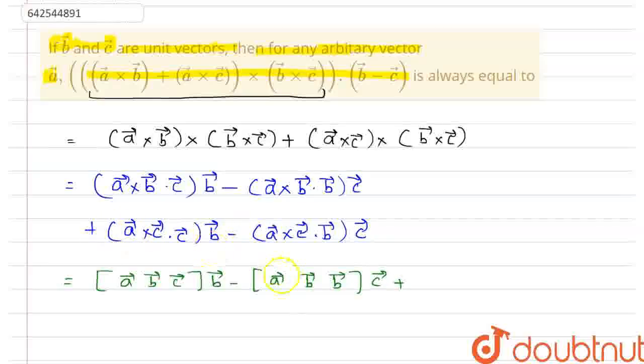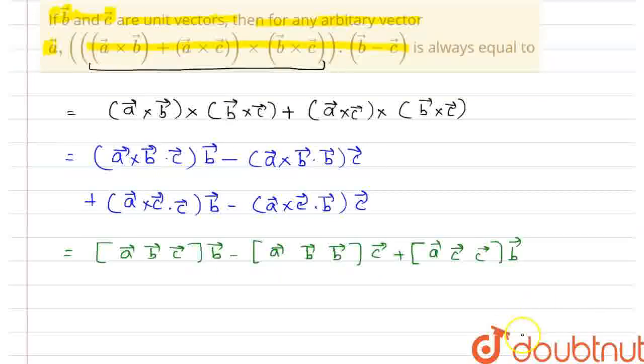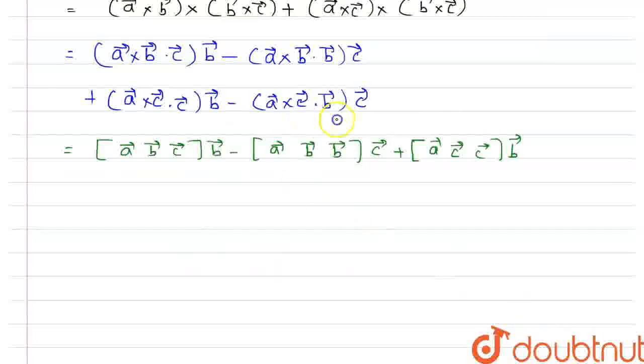Next, this is the scalar triple product of a, c and c, that is a vector, c vector, c vector times b vector, and finally this is the scalar triple product of a, c and b. So minus a vector, c vector, b vector times of c vector.